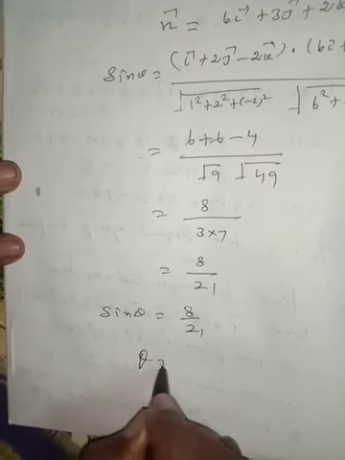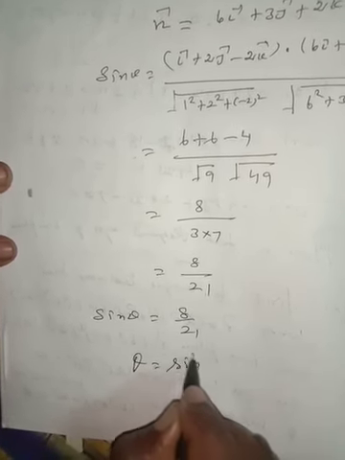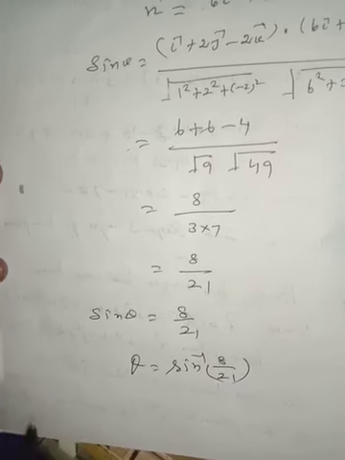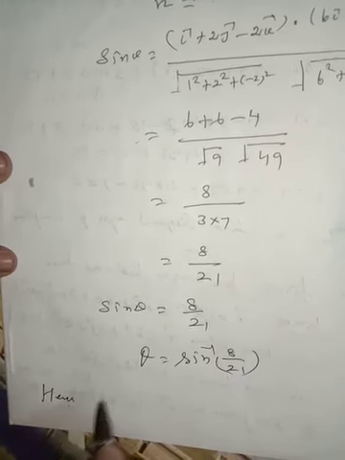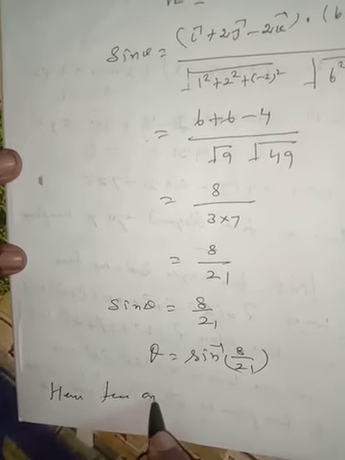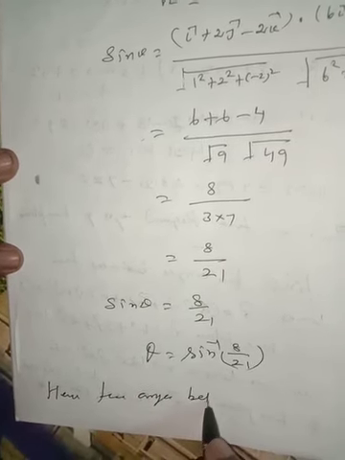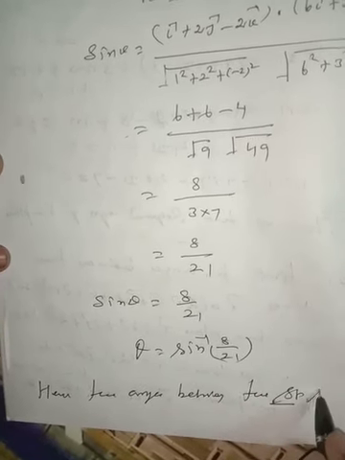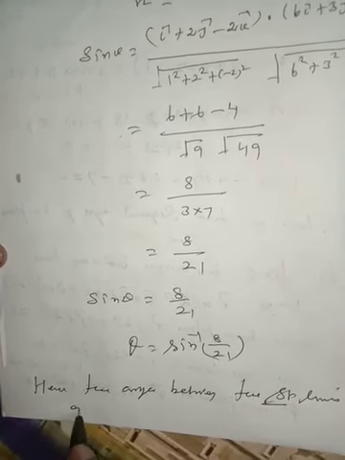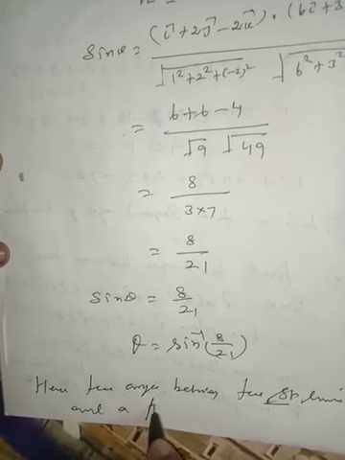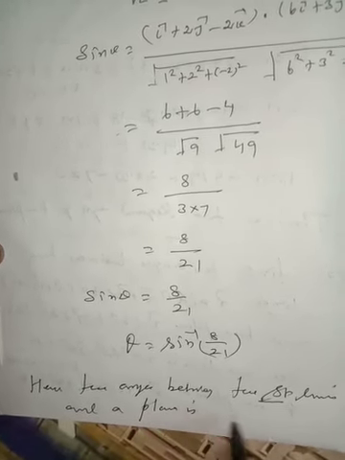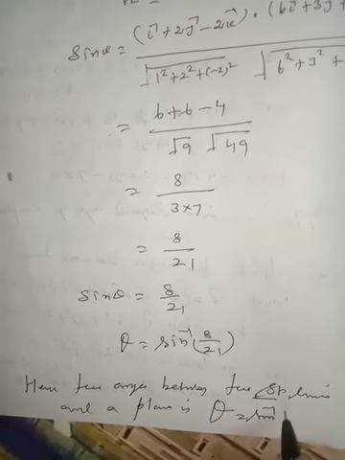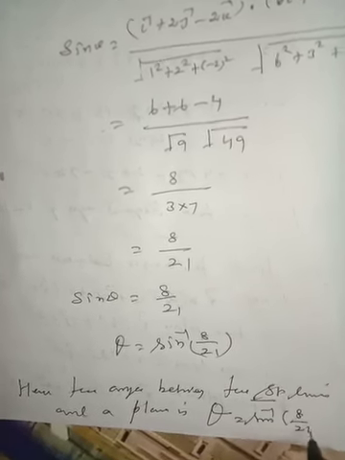Theta is equal to sin inverse of 8 by 21. Hence, the angle between the straight line and a plane is theta is equal to sin inverse of 8 divided by 21.